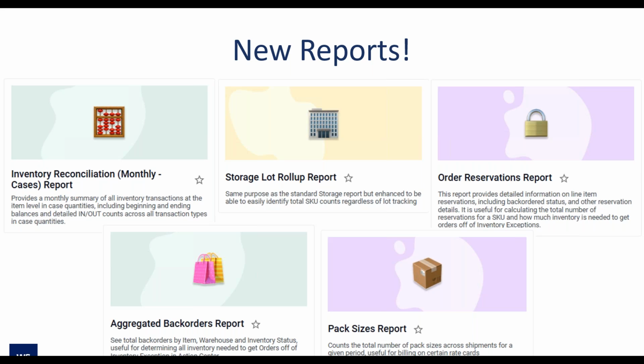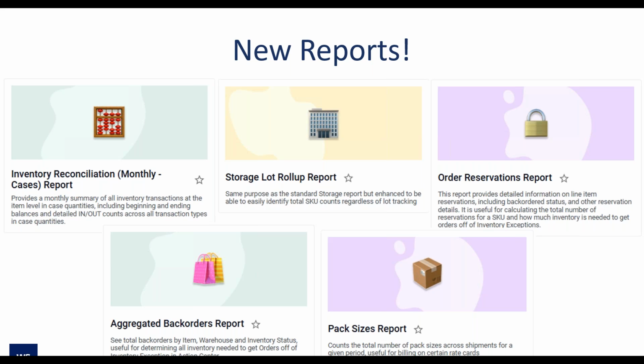This is really helpful for clients that do a lot of omni-channel with us, so using us for wholesale or direct to trade. We also have the storage lot roll-up report. And if you are using us for lot tracking, this is your report.